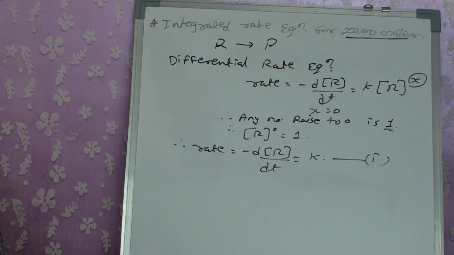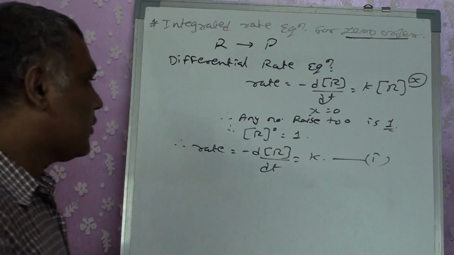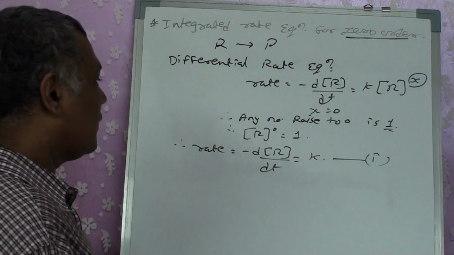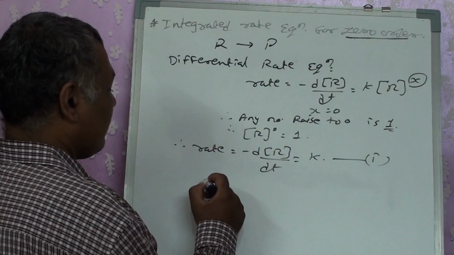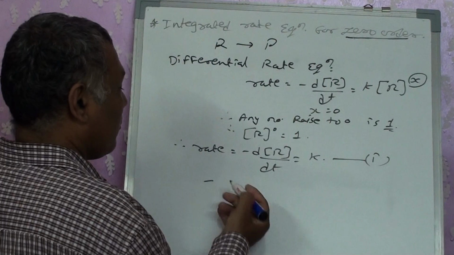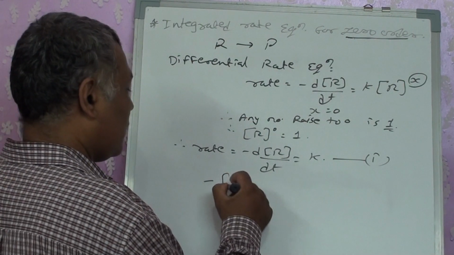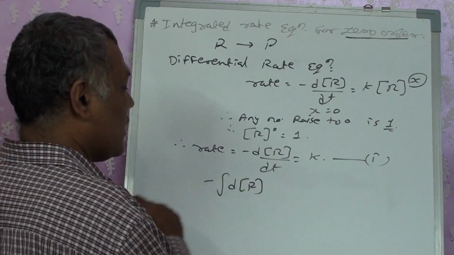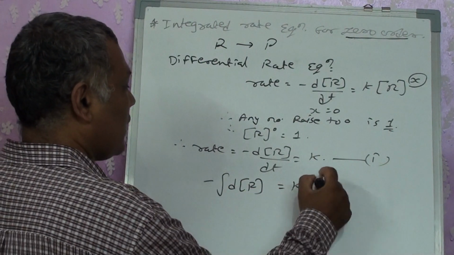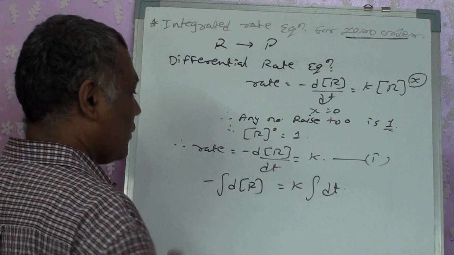Integrating on both sides, we have minus integration of d[R] equals k integration of dt.